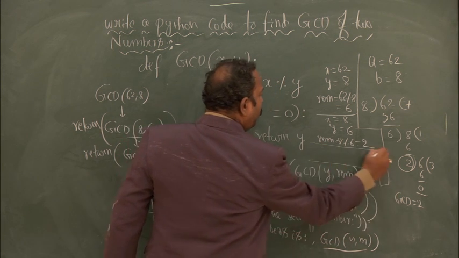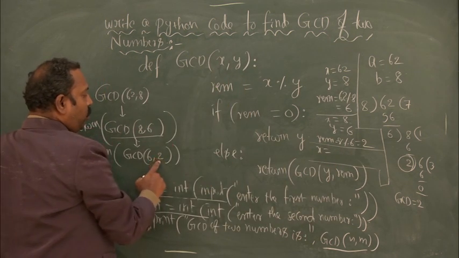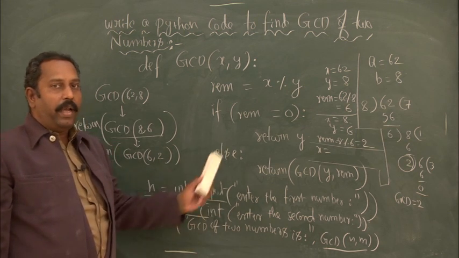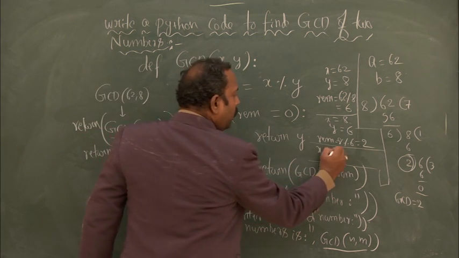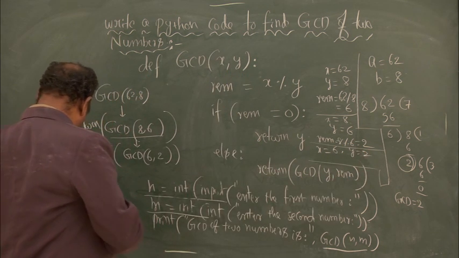So again, what will happen here? 6 will be assigned to x, 2 will be assigned to y. So x gets value 6 and y gets value 2. Again, the code will be executed here.